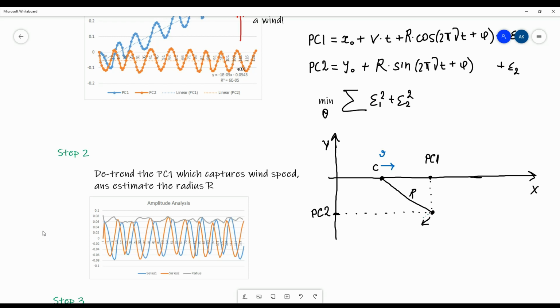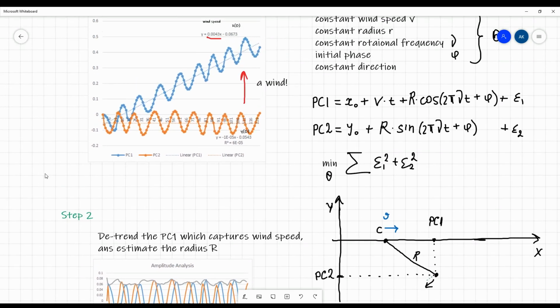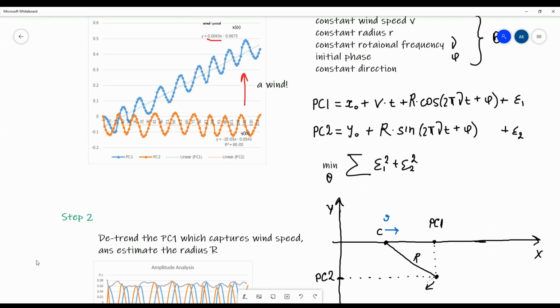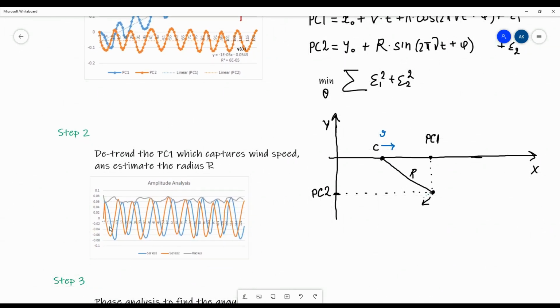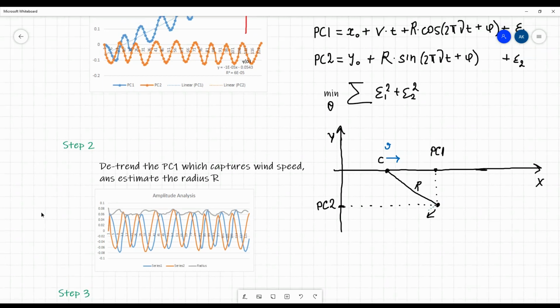And what we could do, we could square the detrended PC1 and PC2, and the sum of those squares will be the squared radius. So from just getting the average of this gray line, we can now find the radius.